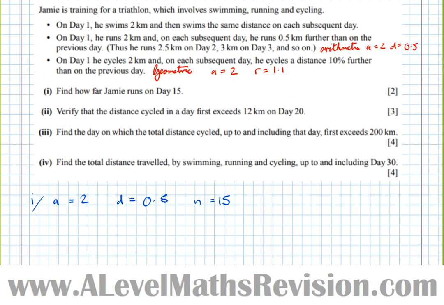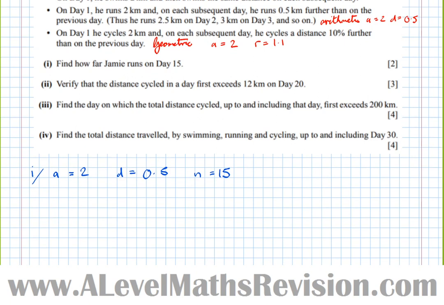The question hasn't asked us to sum the total distance that he's run over the 15 days. It just asks how far he runs on day 15. So that's the nth term rather than the sum formula. So U15 equals A plus n minus 1 D, which equals 2 plus 7, since half of 14 is 7, which is 9. So 9 kilometres he runs on day 15.